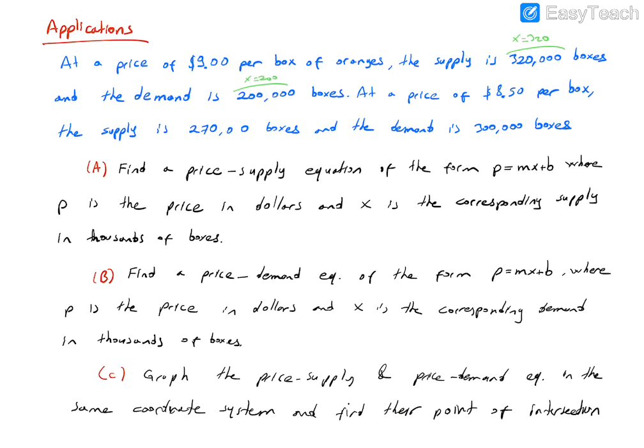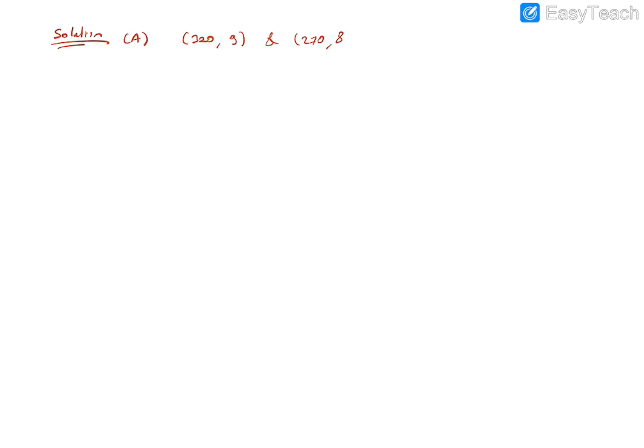the solution. When the supply is 320,000, so X is 320, the price is $9, which is on the price supply equation. And when the supply is 270,000, so X is 270, the price is $8.50.